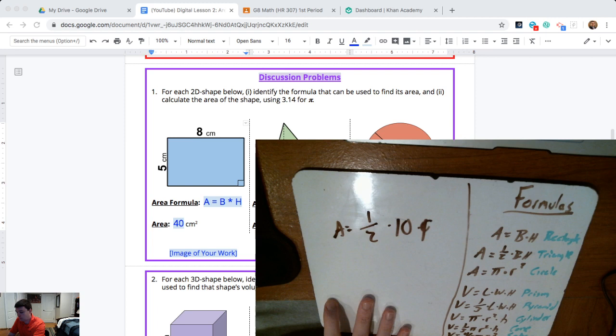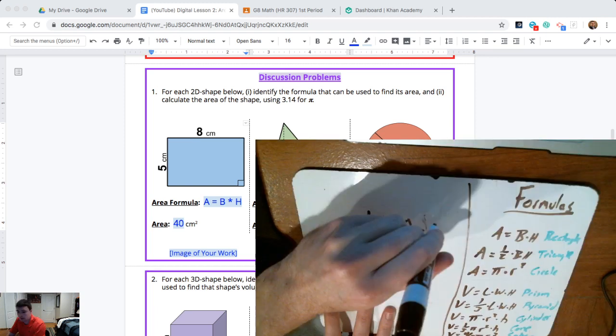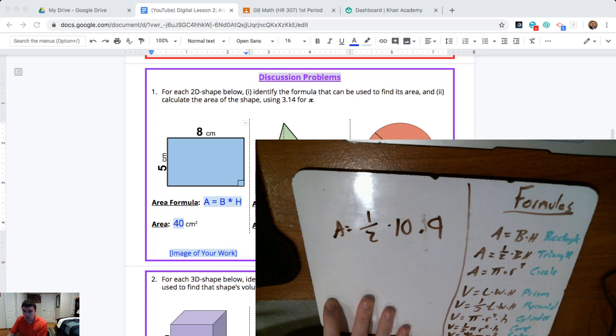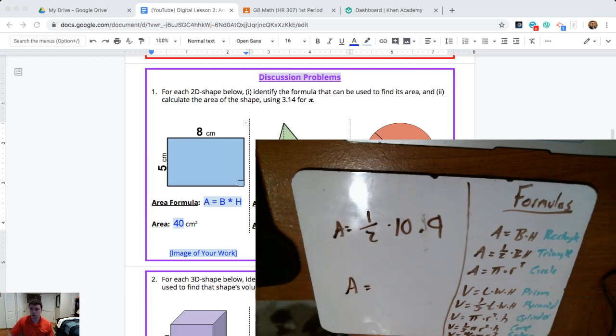So we'd be doing 1/2 times 10 times 9. If anyone wants to identify what they ended up with for a final answer for the area of that triangle.